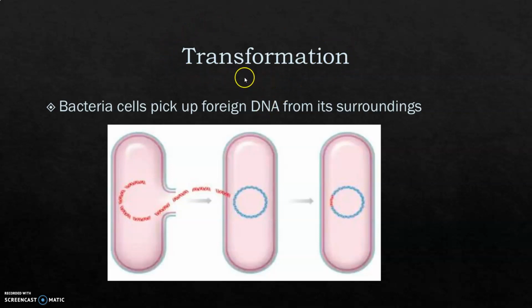But scientists use this ability of bacteria cells to pick up foreign DNA to transform and manipulate bacteria into making things that scientists want them to make. We mentioned in the last video, bacteria part 1, that bacteria now can make insulin because of the way scientists have changed them, and this is through transformation.